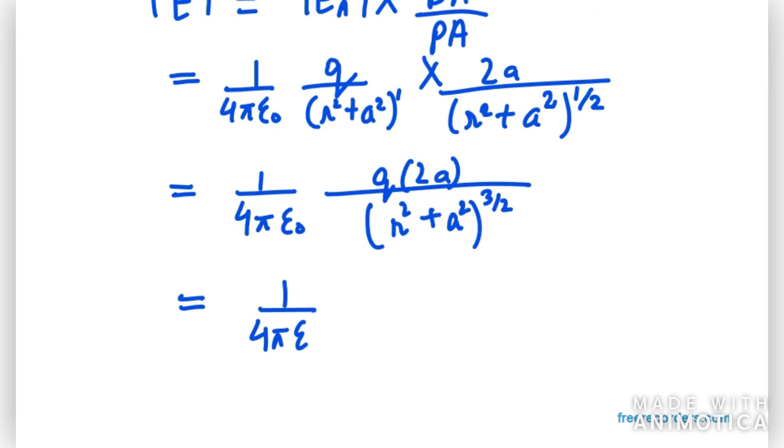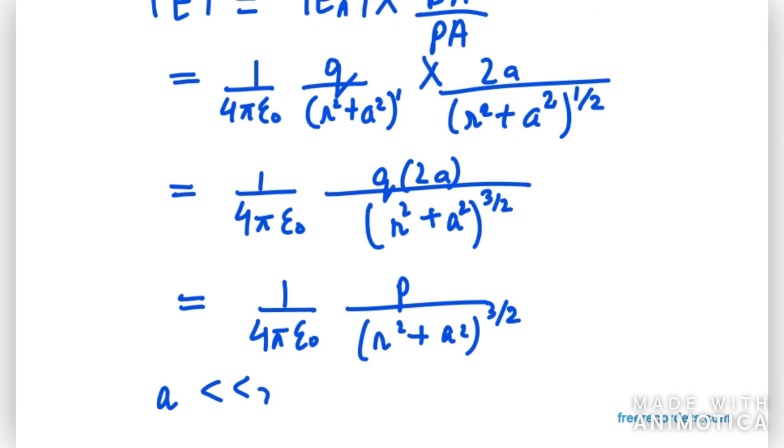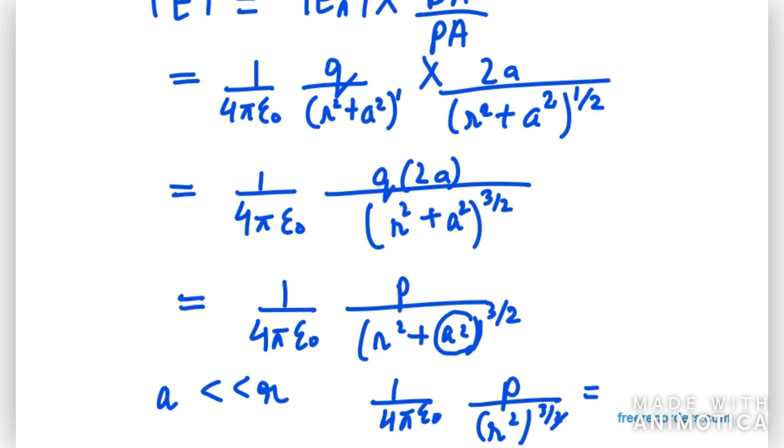So it will be 1 over 4 pi epsilon naught P over R square plus A square raised to power 3 over 2. Now in this case, if I say that my dipole is of very small length, that means my A is very small as compared to R. So in that case, we have to ignore this part and we are left with 1 over 4 pi epsilon naught P over R square raised to power 3 over 2, which is R cube.